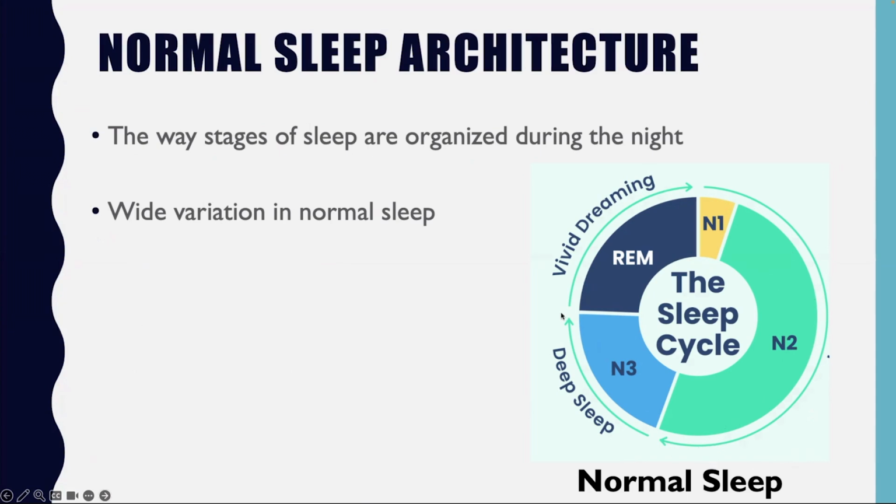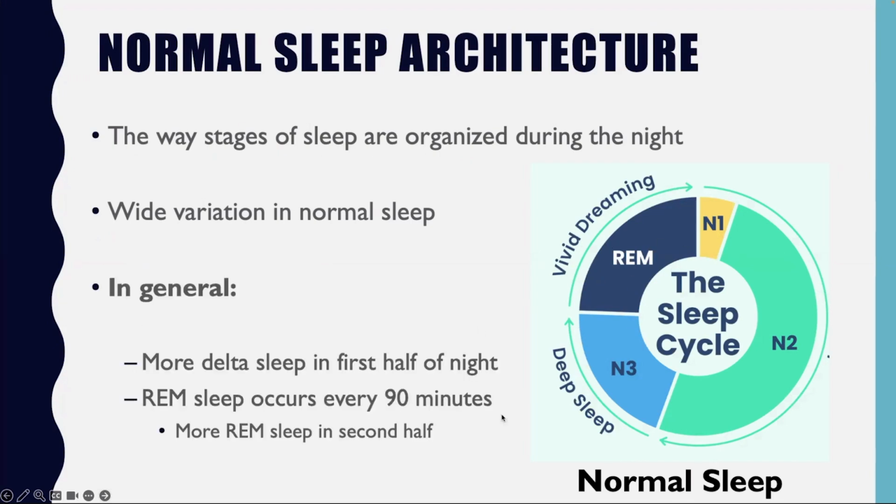Then you have your deep sleep or delta sleep, which tends to account for about 20%, and REM sleep or dream sleep, which accounts for about 25% of sleep. In general, more of the delta sleep or deep sleep occurs in the first half of the night, and the REM sleep or dream sleep tends to cycle about every 90 minutes, and more of it generally occurs in the second half of the night.